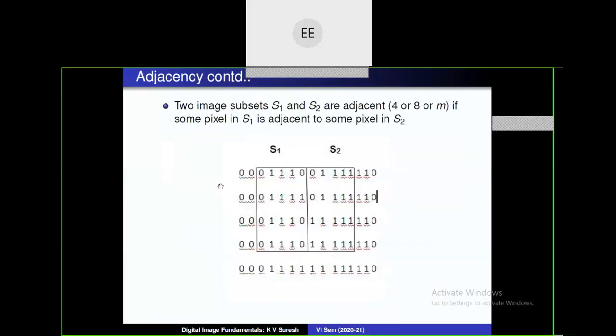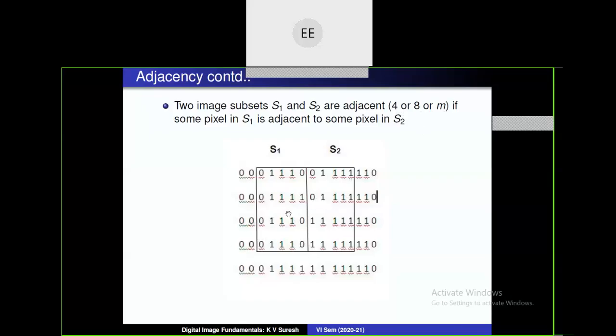See, what we are seeing here is an image. In that image I'm just taking one part of the image and I'm taking another part of the image. So now I may be interested in knowing whether these two parts of the image, or these two subsets of an image, are adjacent or not in terms of either 4 or 8 or m.